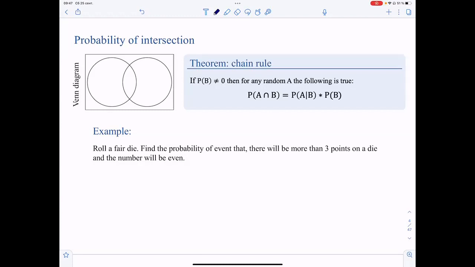We say that P(A intersect B) is equal to the conditional probability of A given B multiplied by the probability of the condition. So that's nice.